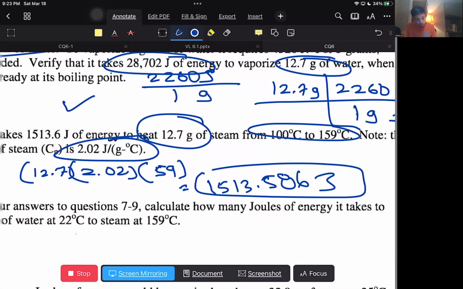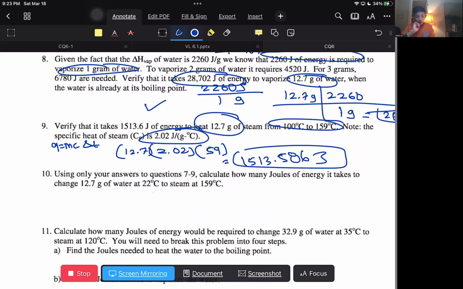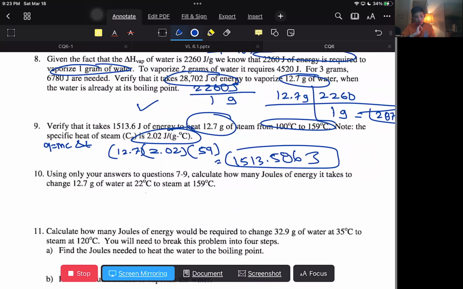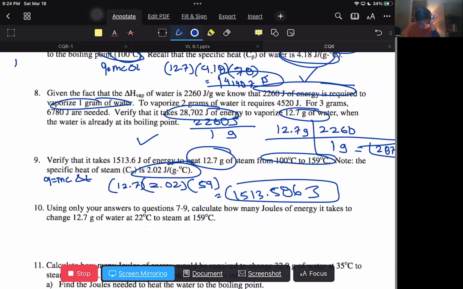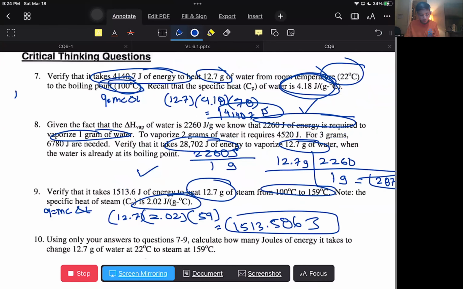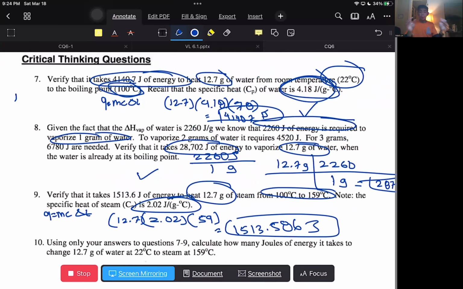All right. Number 10, using your answers from 7 through 9, calculate how many joules of energy it takes to change 12.7 grams of water at 22 degrees Celsius to steam at 159 degrees Celsius. So, to find the total energy, we just add up everything.